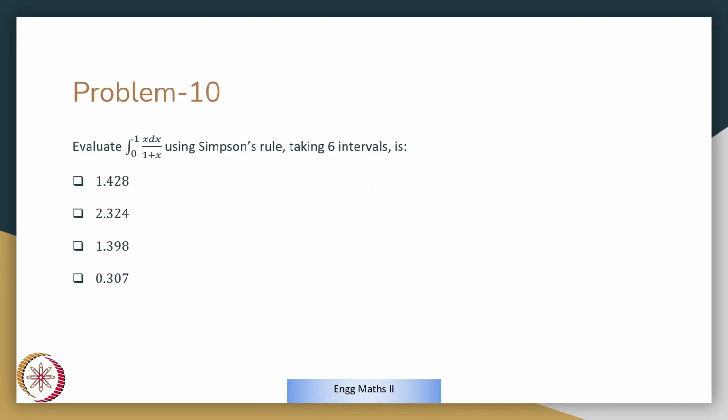And finally, we move on to the last problem of the day, and we are asked to calculate this particular integral. I is equal to the integral from 0 to 1 of x upon 1 plus x dx over 6 intervals using Simpson's rule. So here we are asked for 6 intervals. Just draw them here. So this is 0, this is 1, and these are 6 intervals of size 1 by 6.